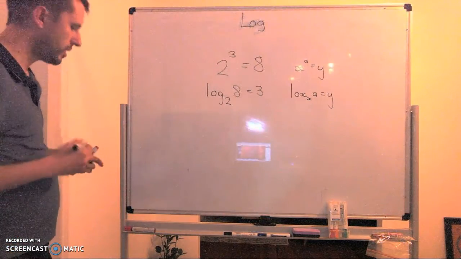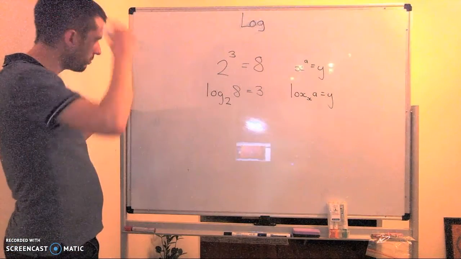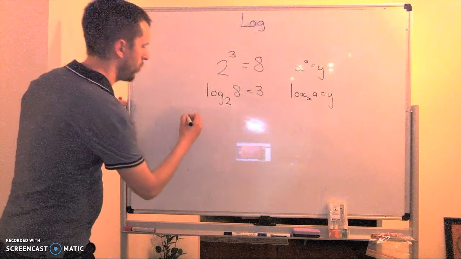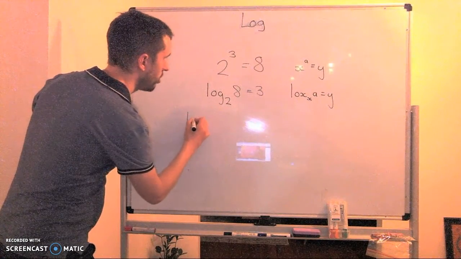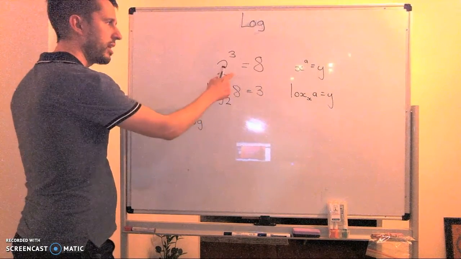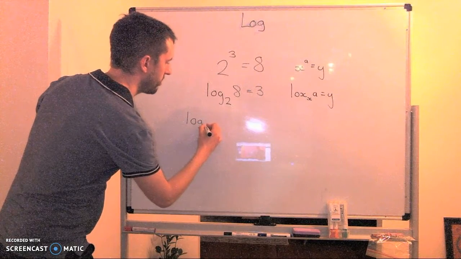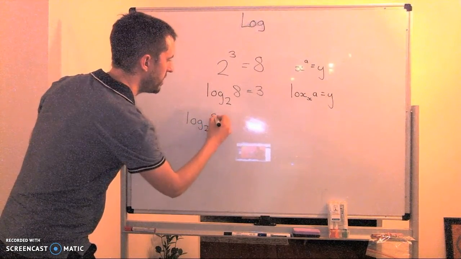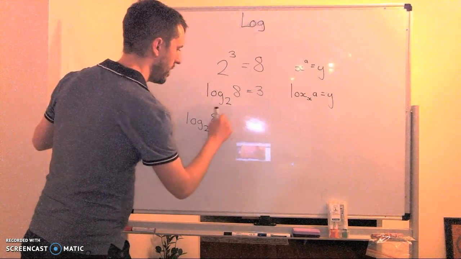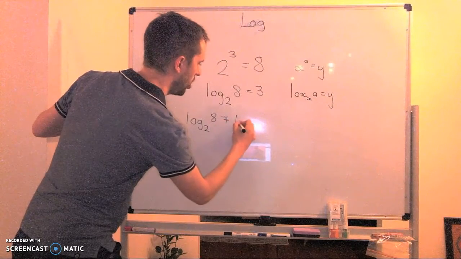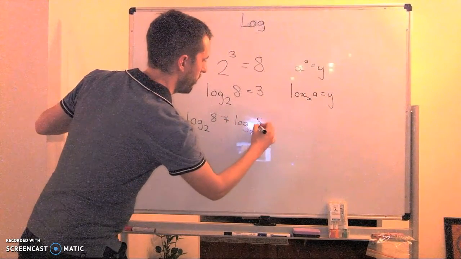Let's start off with something basic for now. I'm just going to think of a question that is exactly the same as this: log base 2 of 8 plus log base 2 of 8.